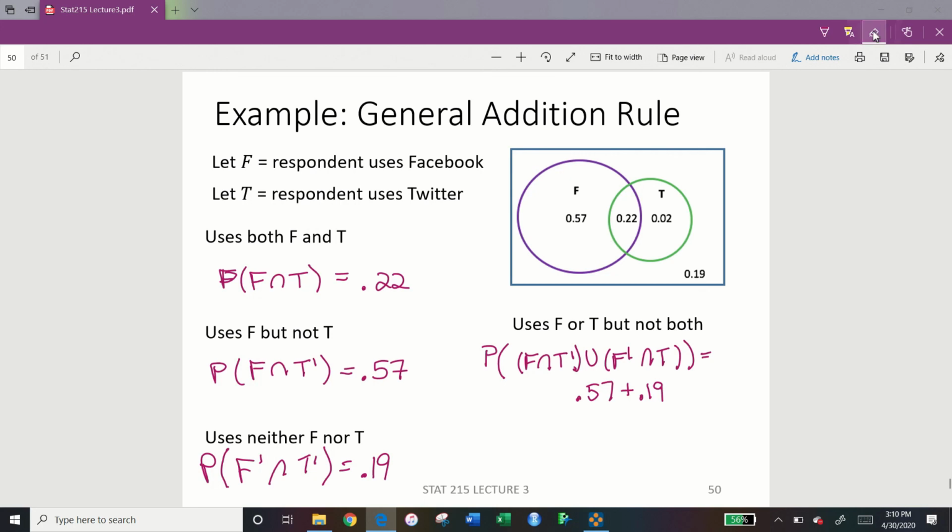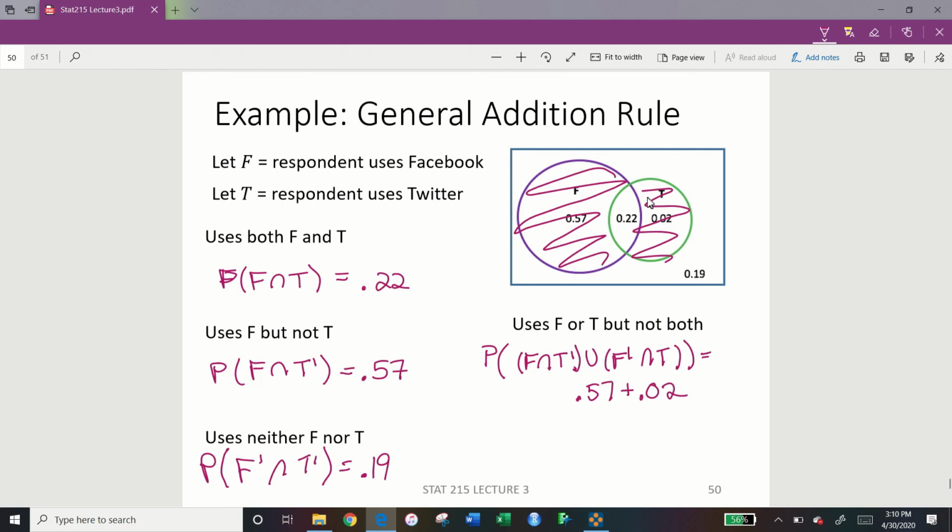Oops, typo. That should not be 0.19. That should be 0.2. But when we're using this visual representation, I think it's easier to see when we're saying Facebook or Twitter, but not both. It's easier to see that we would add 0.57 and 0.02 instead of using some of the complement rule.